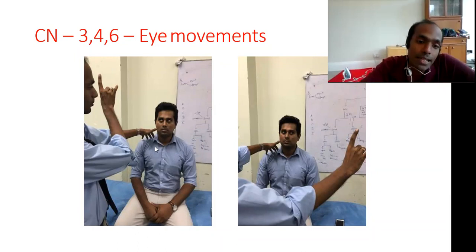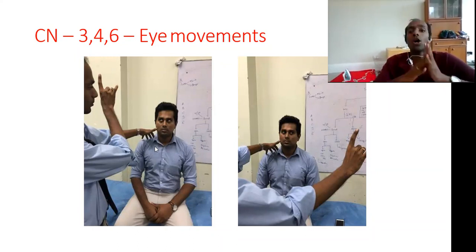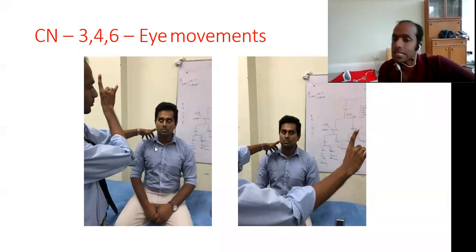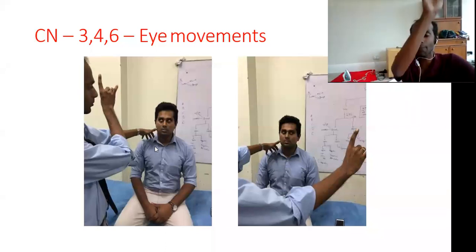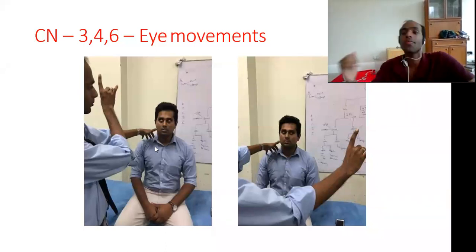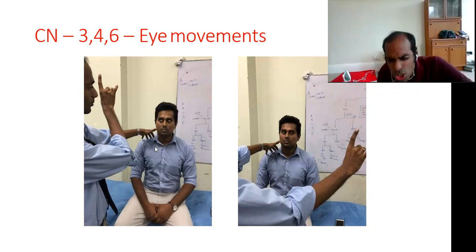Why do we examine these cranial nerves together? Because they examine the extraocular muscles of the eyeball, okay? And then you move your finger in the shape of an H, examining the eye movements and the extraocular muscles, 3, 4, and 6. And you know that most of the eye movements are controlled by the oculomotor nerve, right?